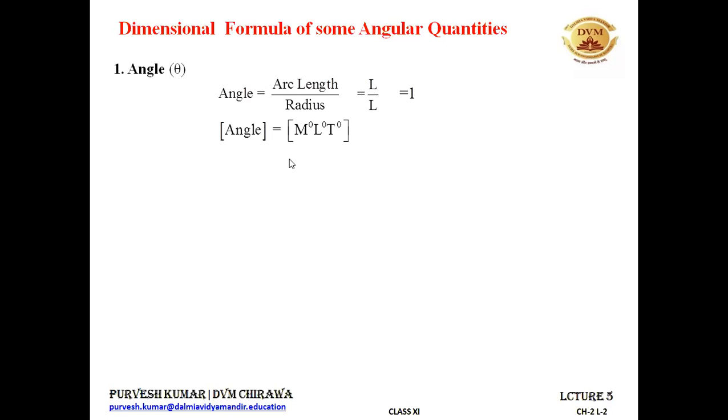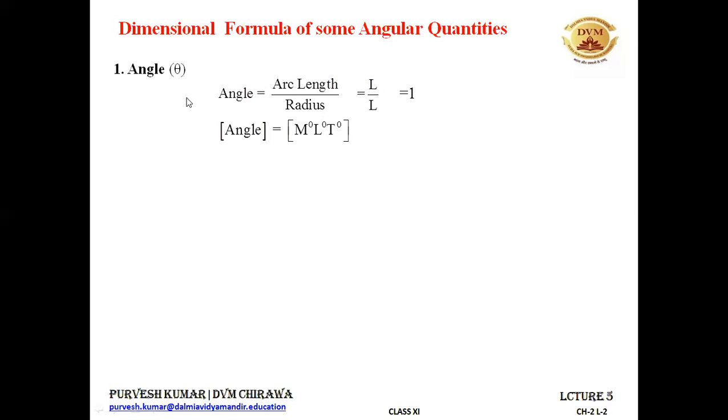So because this is 1, it can be written as M0 L0 T0. Whenever a quantity has all the dimensions with power 0, the quantity is known as dimensionless. So angle is dimensionless. It means no dimensions are there.